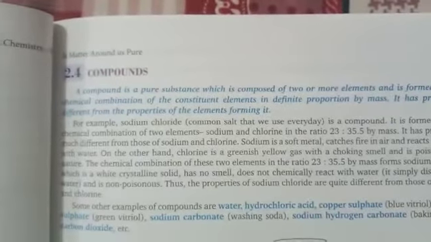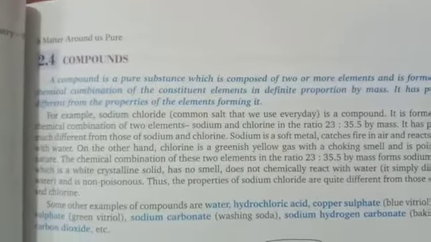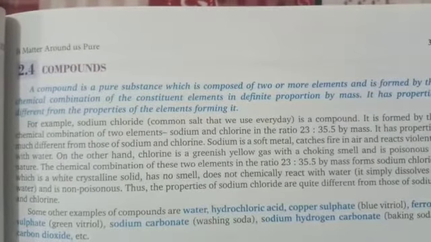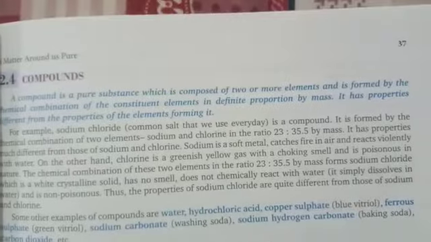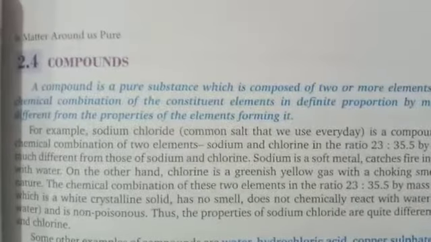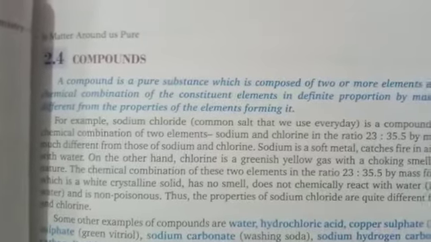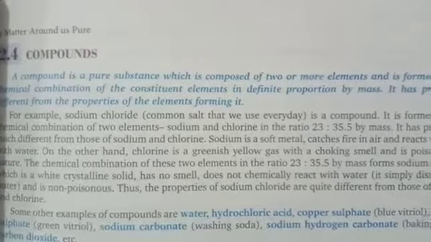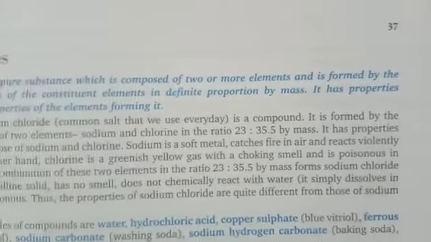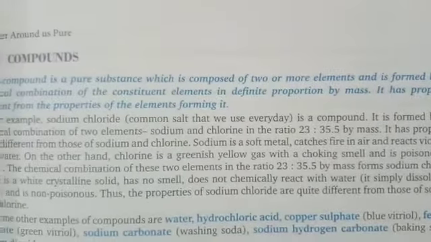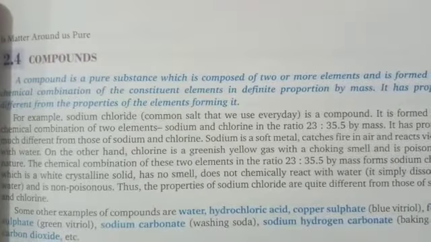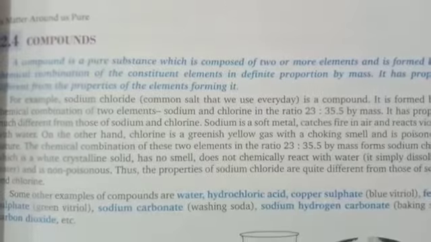A compound is a pure substance which is composed of two or more elements and is formed by the chemical combination of the constituent elements in definite proportion by mass. It has properties different from the properties of the elements forming it.